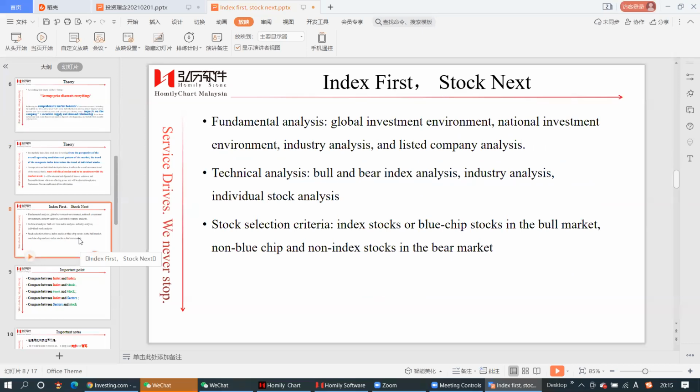So what is fundamental analysis? We come to see the big picture first, okay? This fundamental analysis, as I said last time, is not based on our company profile, but on big issues that we always need to know: global investment, national investment environment, industry analysis, listed company analysis, and even all the trends. What are the current hot market trends, like EV, AI learning, semiconductor, green energy?